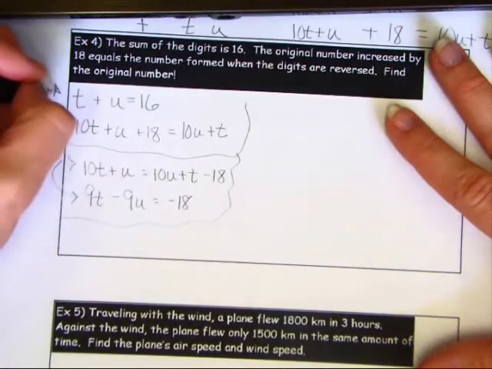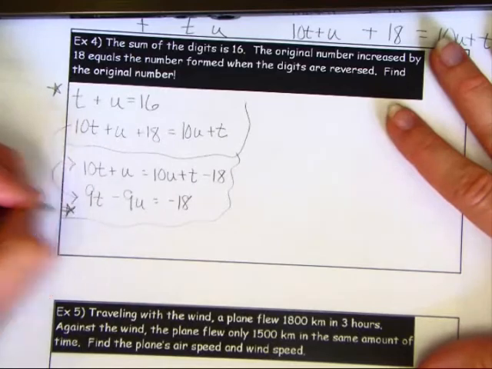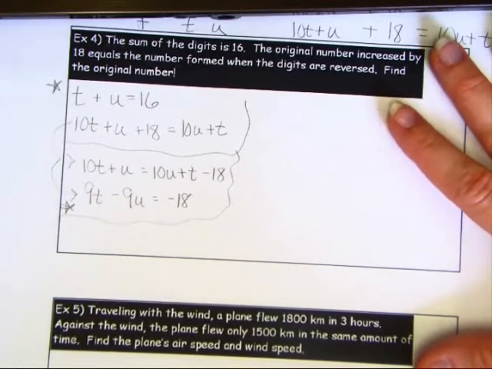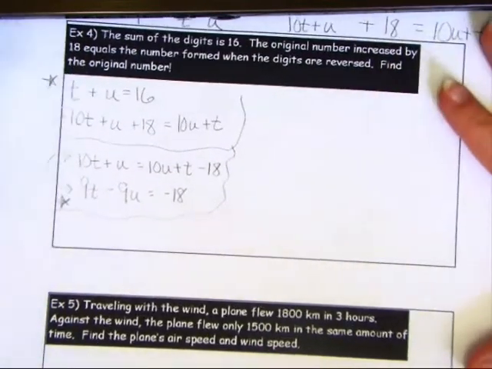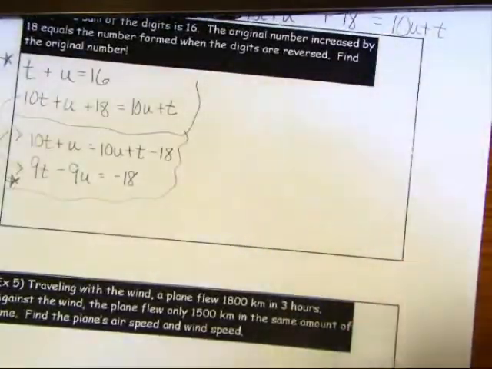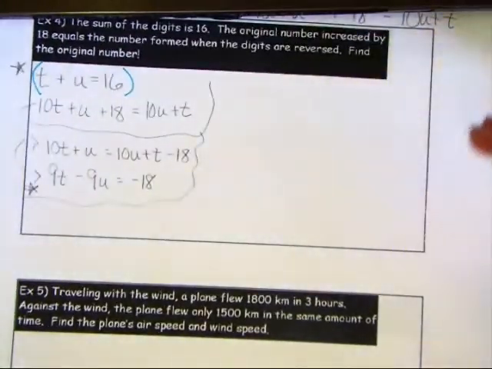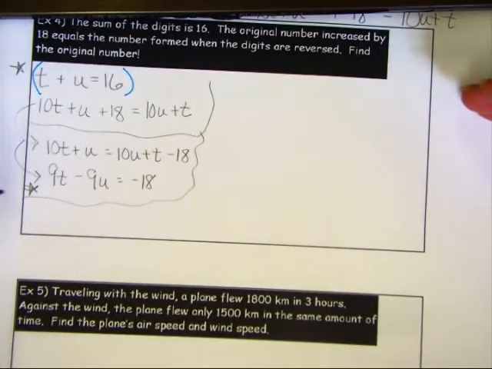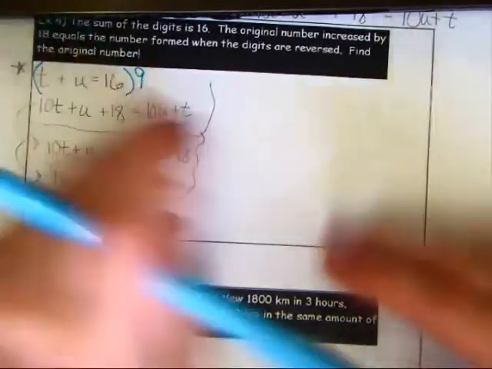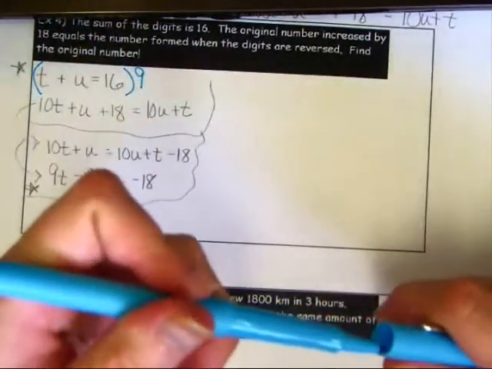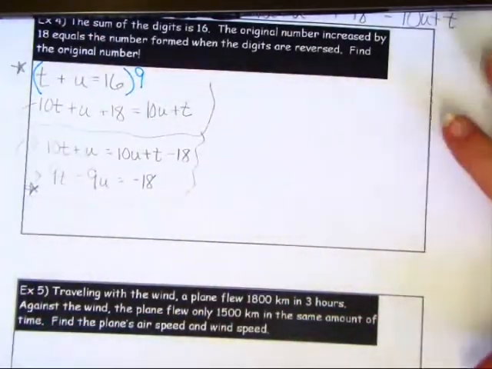Now if you put a star by the first and a star by the fixed up bottom equation, I hope you can see that it lends itself very well to linear combination or elimination. If you multiply the top equation by 9, I hope you see the u's will cancel out.